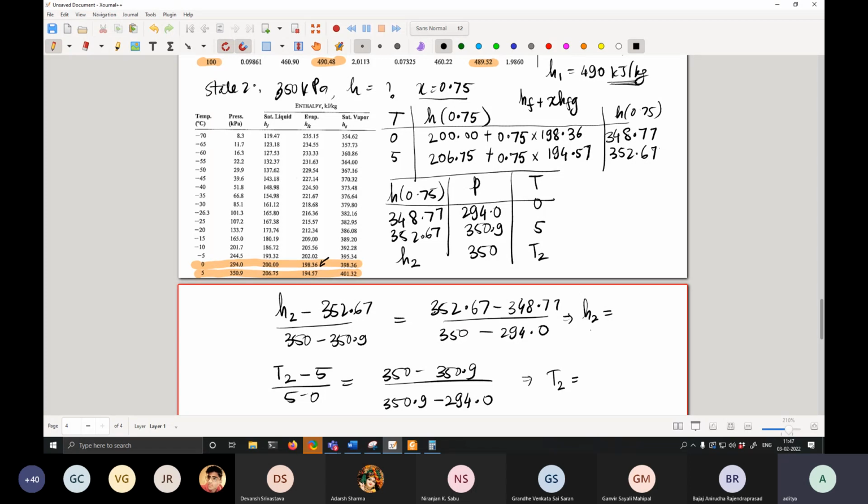Anyone? So it's coming out 352.05 kilojoule per kg, and temperature something between 0 and 5, and it's closer to 5, so it will be something like 4.5 degrees Celsius, 4.8 maybe. It's going to be closer to 4.8, I guess.